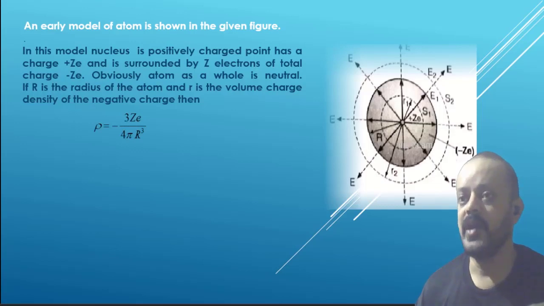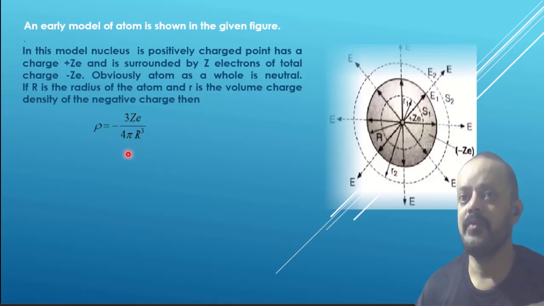So we can find the volume charge density of the negative charge inside the atom. It is the total negative charge divided by the volume of the atom. So we divide the total negative charge, minus Ze, by the volume of the atom, 4 by 3 pi R cube.